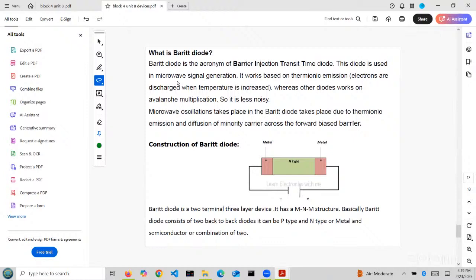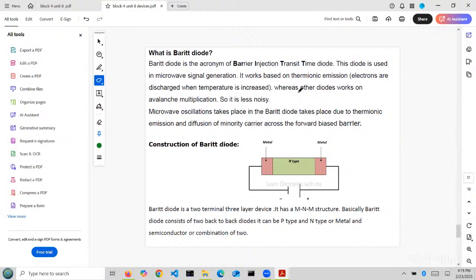It works based on which principle? Thermionic emission, meaning electrons are discharged when temperature is increasing. Here, a general diode works on avalanche multiplication. What is the meaning of avalanche multiplication?